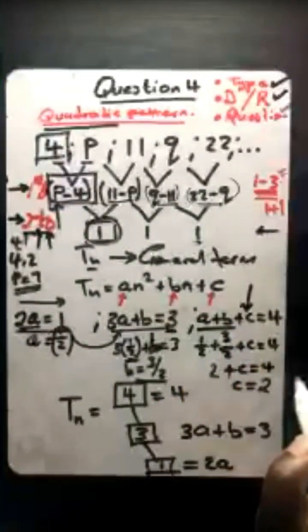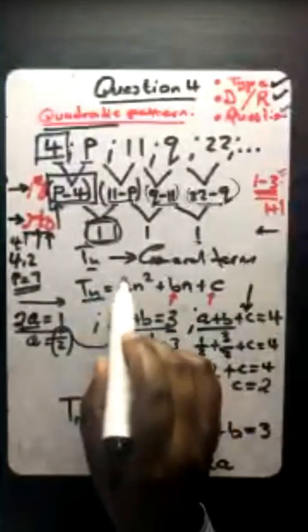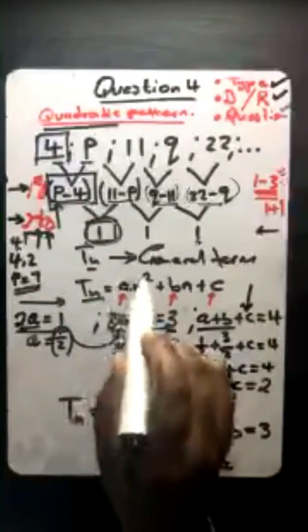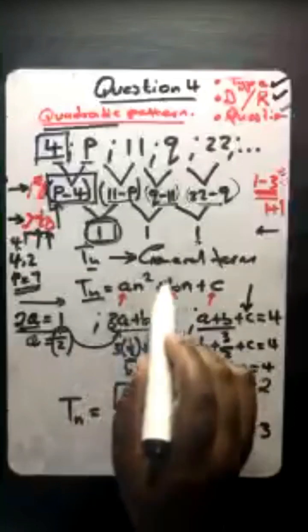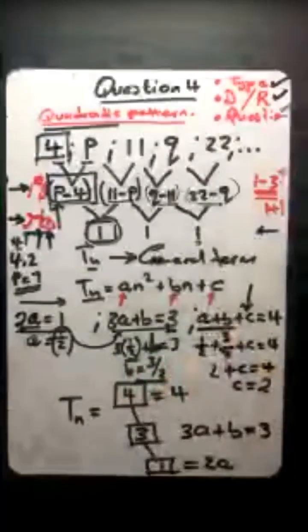So now that we have the c value, it's just a matter of saying Tn is equal to the a value n squared plus the b value n plus our constant value being 2.